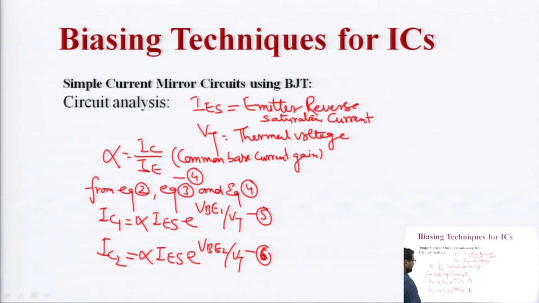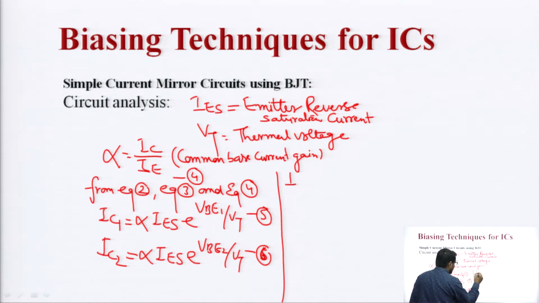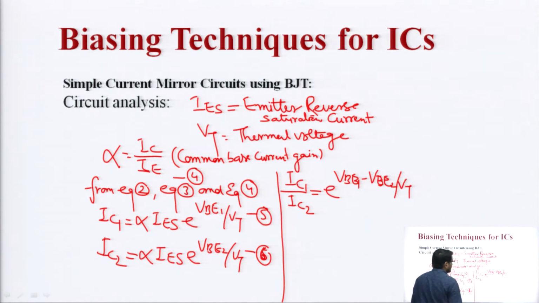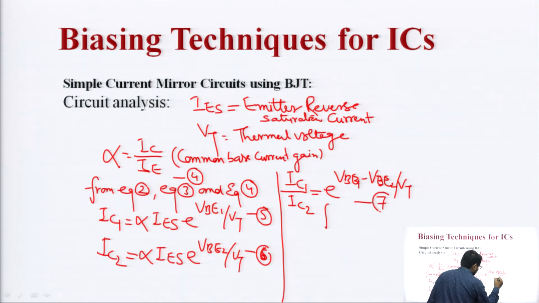Considering equation 6, we also write IC1 divided by IC2 as e to the power VB1 minus VB2 divided by VT. This is equation 7.